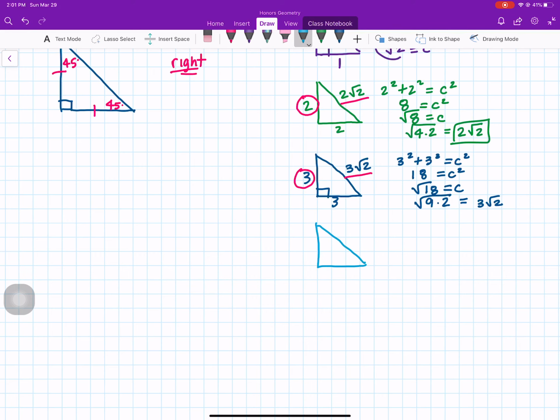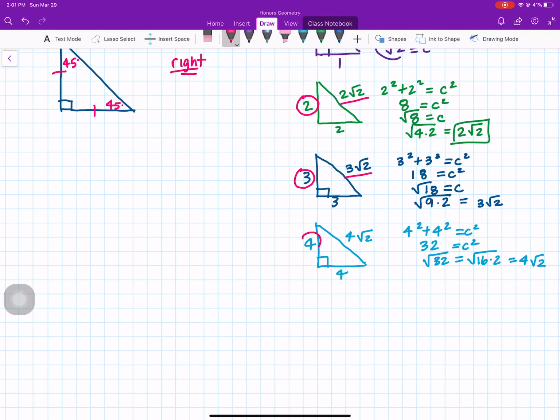So if you wanted, you could figure out 4. You could do the Pythagorean theorem, or you can start to notice your pattern. You have 4 times 4, which is 16. 16 plus 16 is 32. Square root of 32 is not a perfect square, but the square root of 16 times 2, which is 4 root 2.